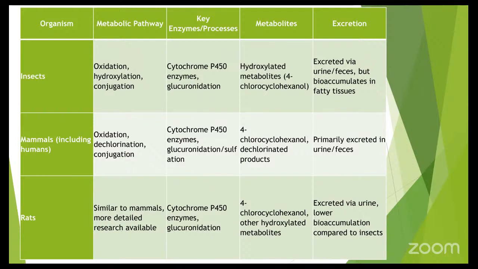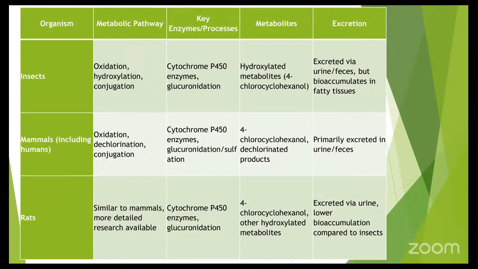The oxidation, hydroxylation and conjugation take place with the help of the enzyme cytochrome P450 and glucuronidation. And the metabolites are hydroxylated metabolites such as 4-chlorocyclohexanol, which was excreted via urine and feces, but bioaccumulates in some fatty tissues, rendering more toxicity.